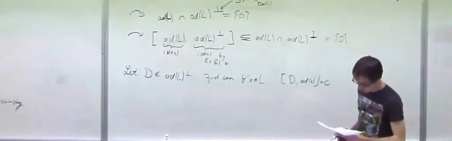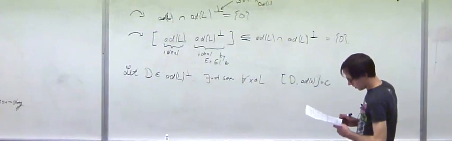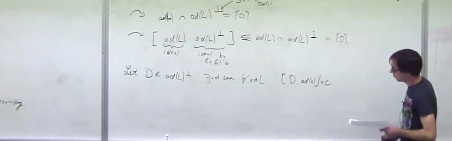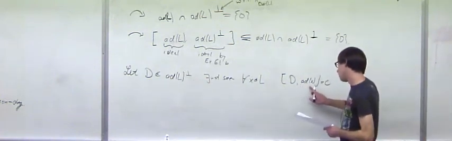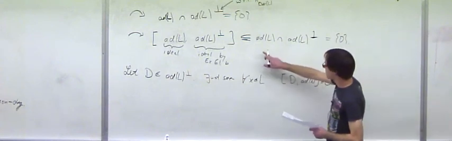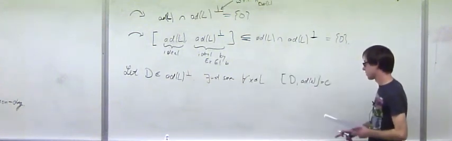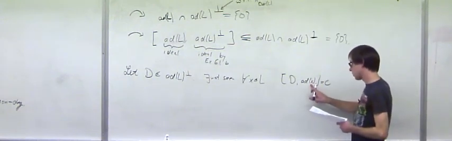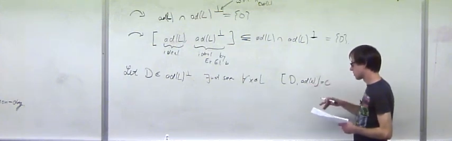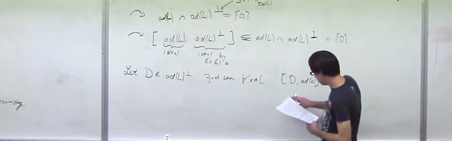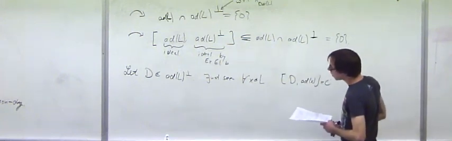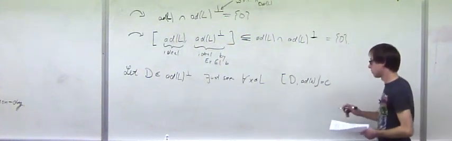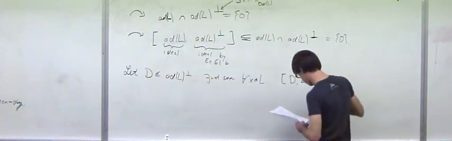Ah, okay. Now I see what I missed. In the very first part of this proof, when we showed that the set ad L, so the set of all ad x, where x goes through the elements of the Lie algebra, is an ideal, we did it just by explicitly computing commutators between an arbitrary derivation and an element of this form.